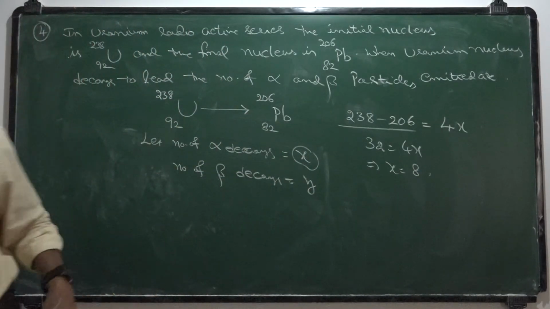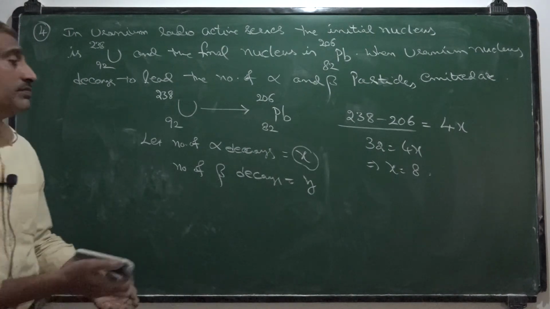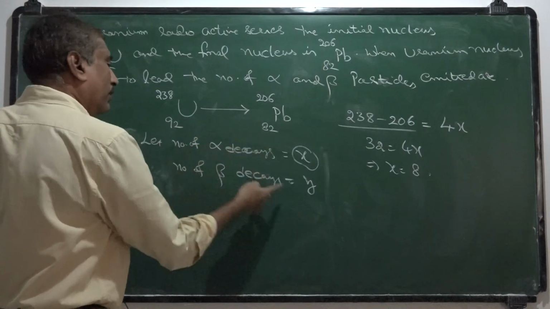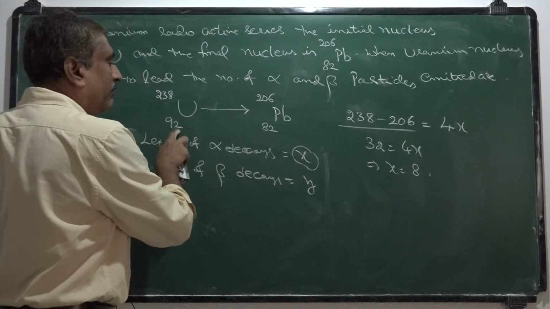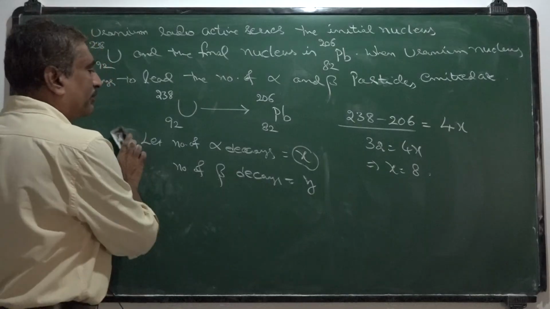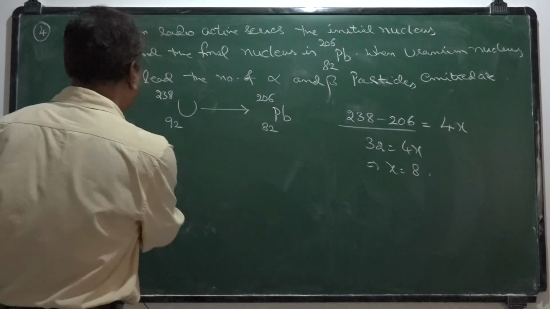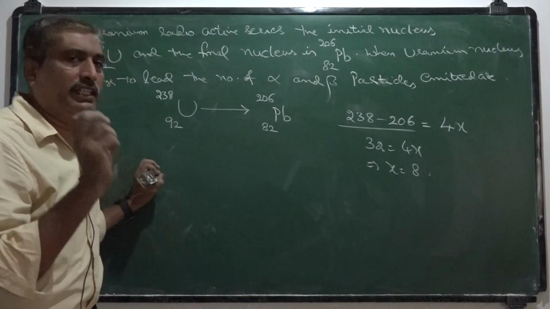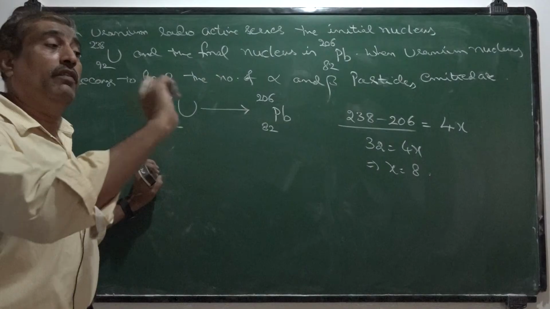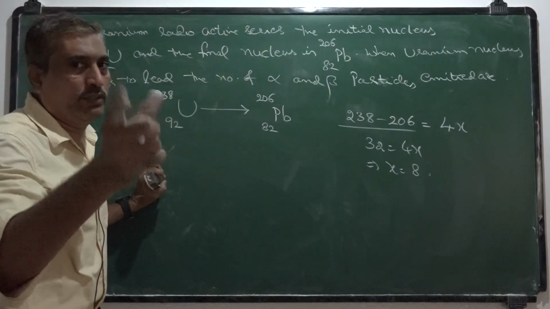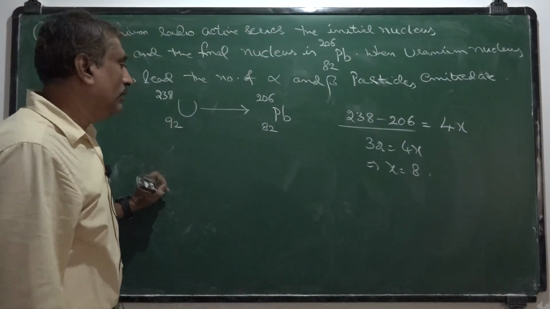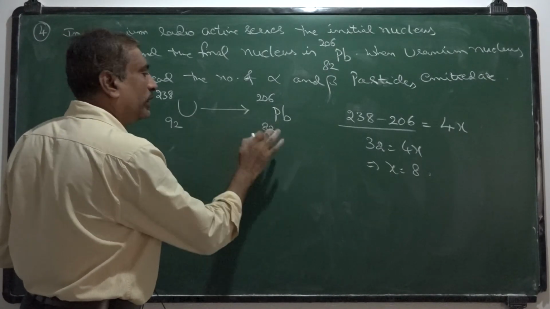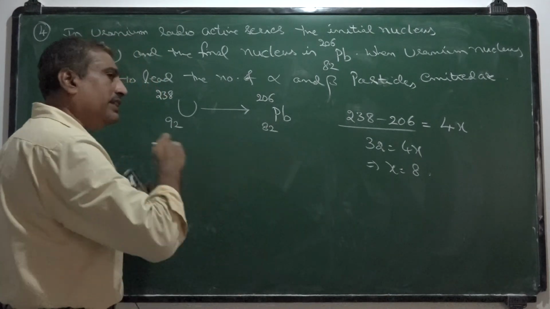Okay. Now what about beta decay? For both beta decay and alpha decay there is a change of atomic number. For alpha decay there is a decrease of 2 units of atomic number, and for beta decay there is an increase of 1 unit. From 92 to 82 there is a decrease, so we consider the decrease.